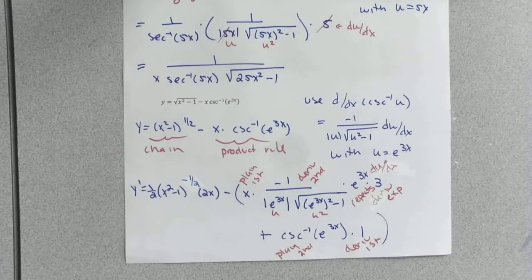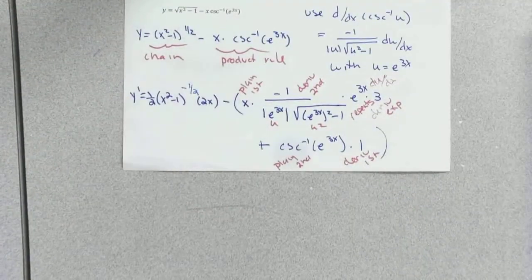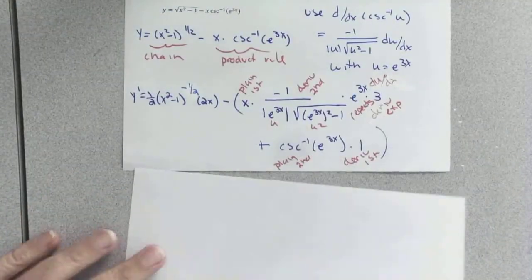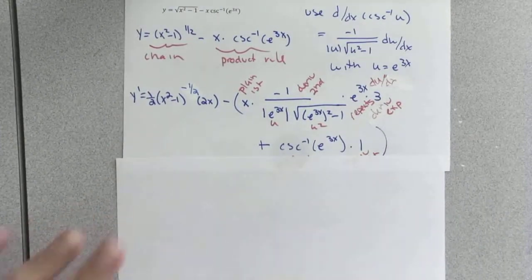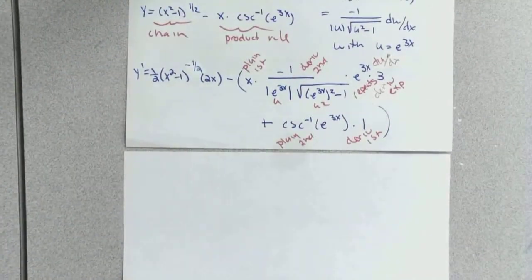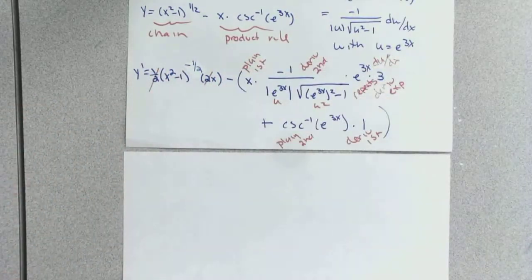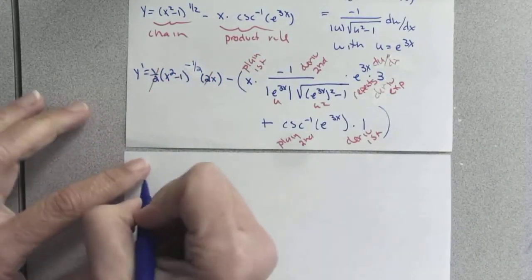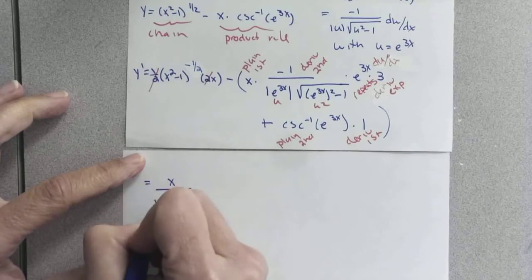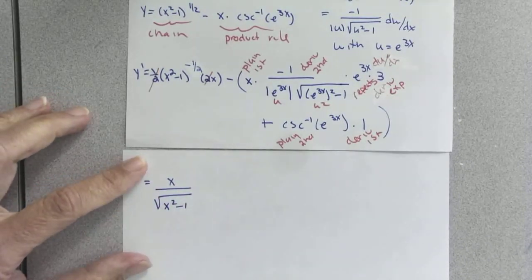I'm not going to accept that as an answer. Okay, so I'm just going to try to get it all on one line and getting rid of all the red, which I'm not sure that the red helps or whatnot. First of all, I do notice here the 1/2 and the 2 cancel. So I'm going to have x over the square root of x squared minus 1 on that first term.